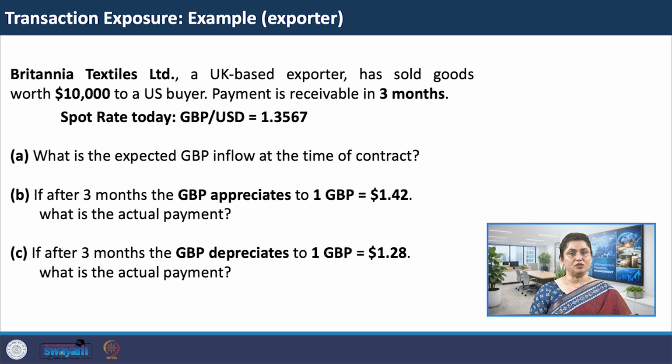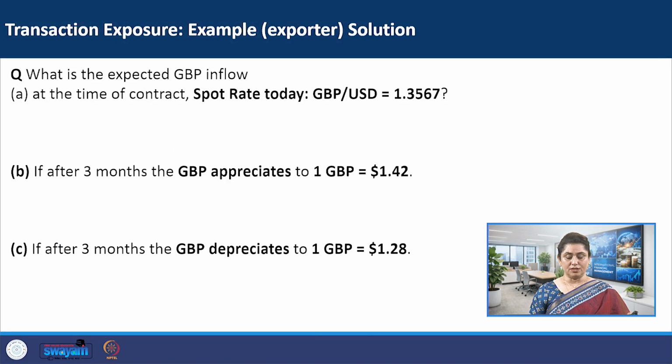Because the exporter will definitely change the dollar receipt into British pounds. The second question: if after 3 months the British pound appreciates to 1 British pound equal to $1.42, what is the actual payment? And third, if after 3 months the British pound depreciates to 1 British pound equal to $1.28, what is the actual payment? Now let us do this question.